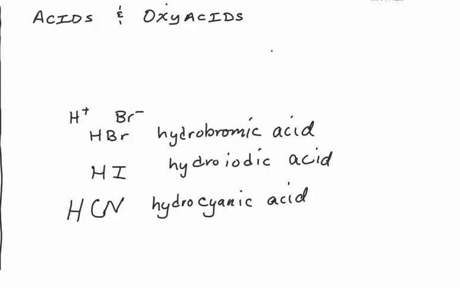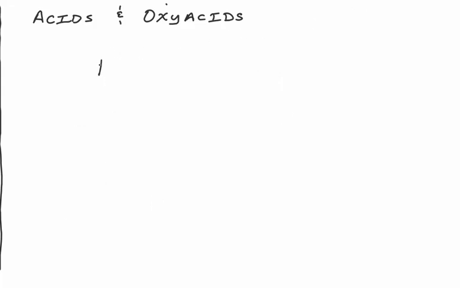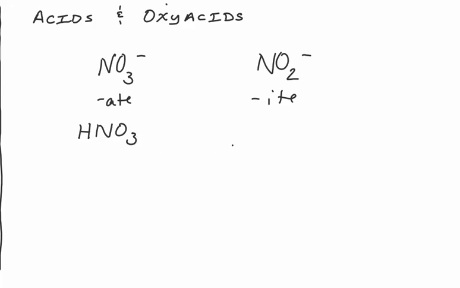So what we do is note that we're either going to start with something that ends in ate or something that ends, well, now that should be a 2, something that ends in ite. So here we have nitrate and nitrite. They both have a -1 charge, so they're each only going to need one hydrogen.